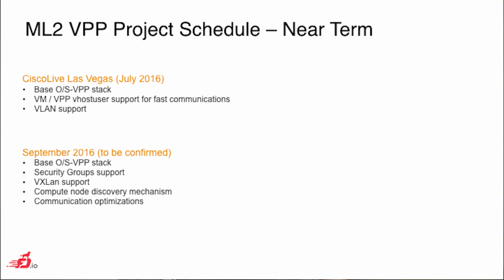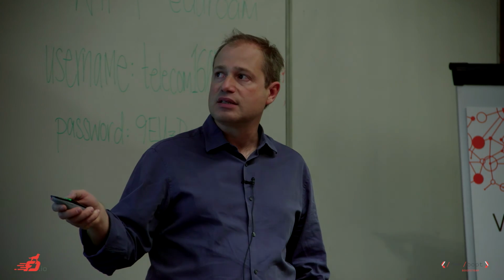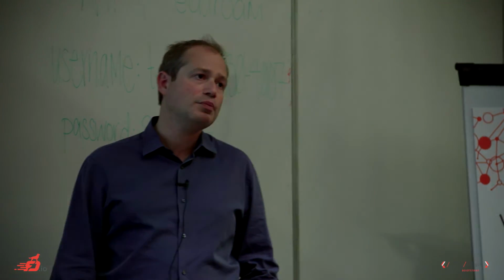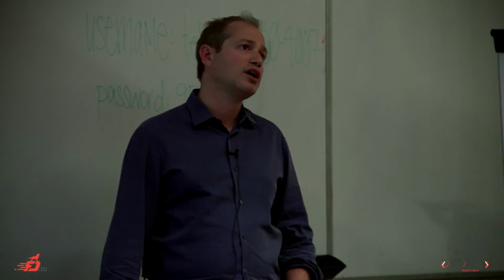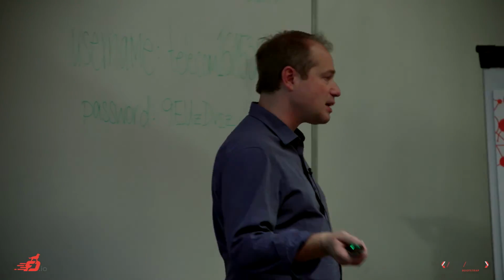In September, we will add security group support and VXLAN support, as well as a compute node discovery mechanism, because in this version, all the compute nodes have to be listed in the ML2 mechanism driver configuration file. So that's very basic, but this is a step-by-step approach.